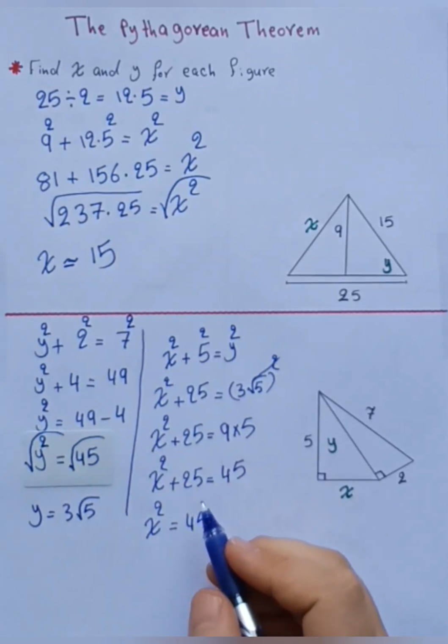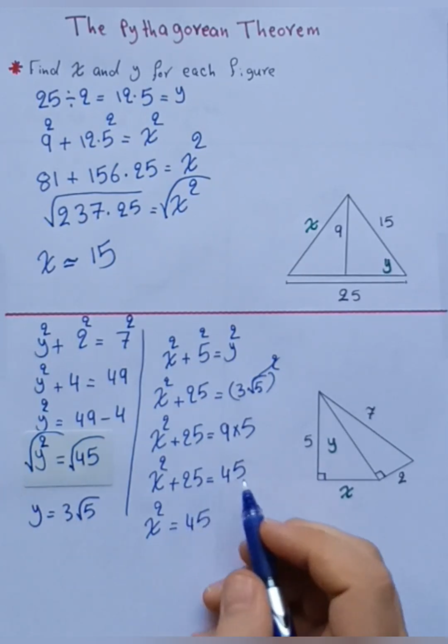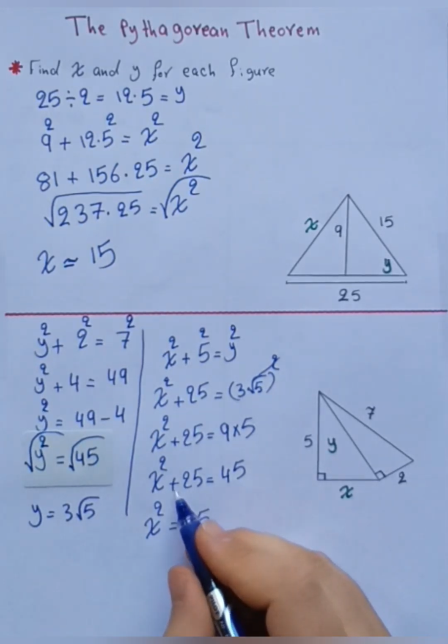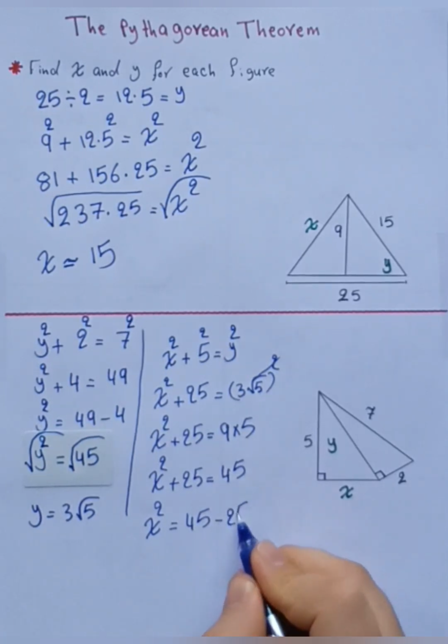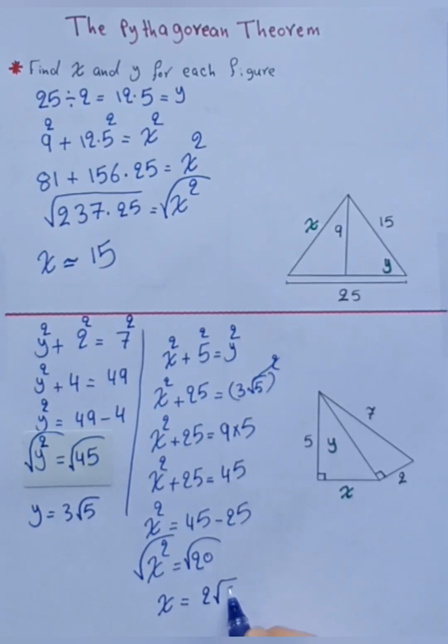We can move this positive 25 to the right side for finding the value of x, so positive 25 becomes negative 25. x squared equals 45 minus 25 equals 20. We have to take the square root of both sides. So the value of x equals the square root of 20.